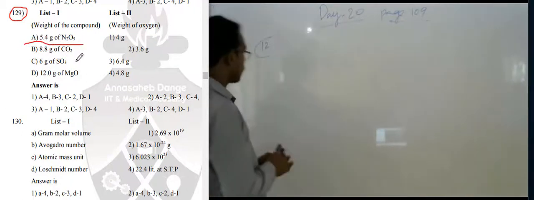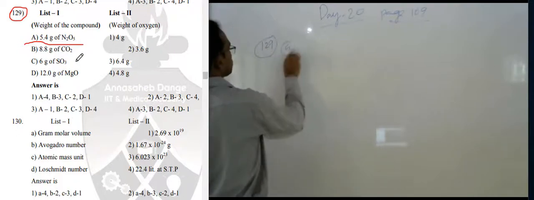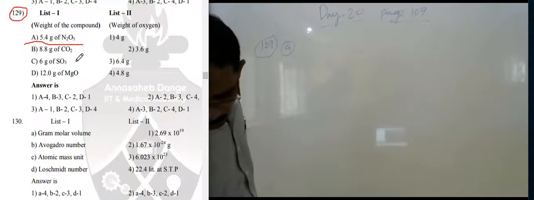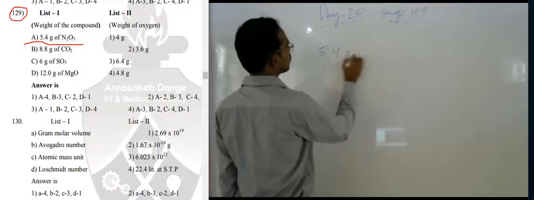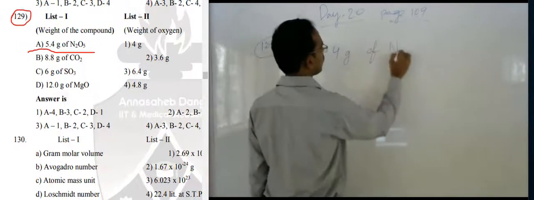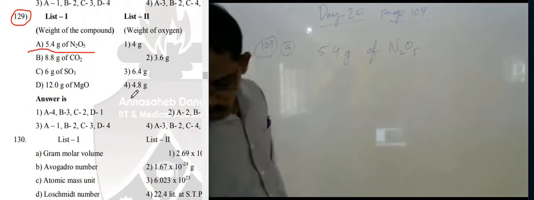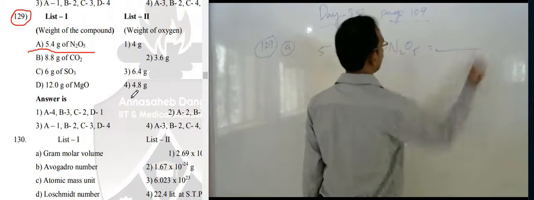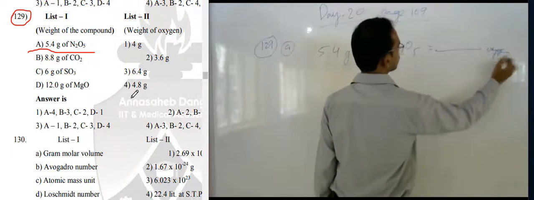The 129 A option I am explaining. In 5.4 gram of N2O5, weight of oxygen we have to calculate. Right?